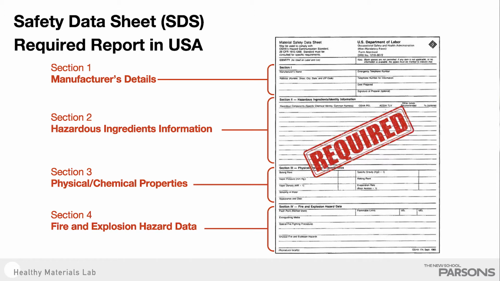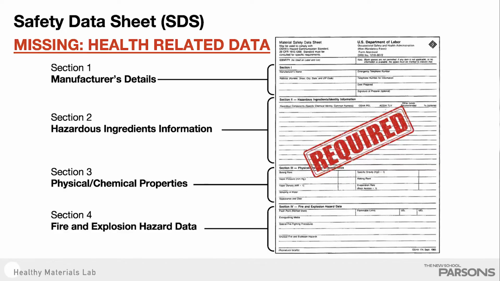Back in about 2012, we started to look at what kind of information would be most useful for manufacturers to provide if what they wanted to help was a designer, an architect, a construction project, a building owner who wanted to look at product selection and specification with an emphasis on health information.